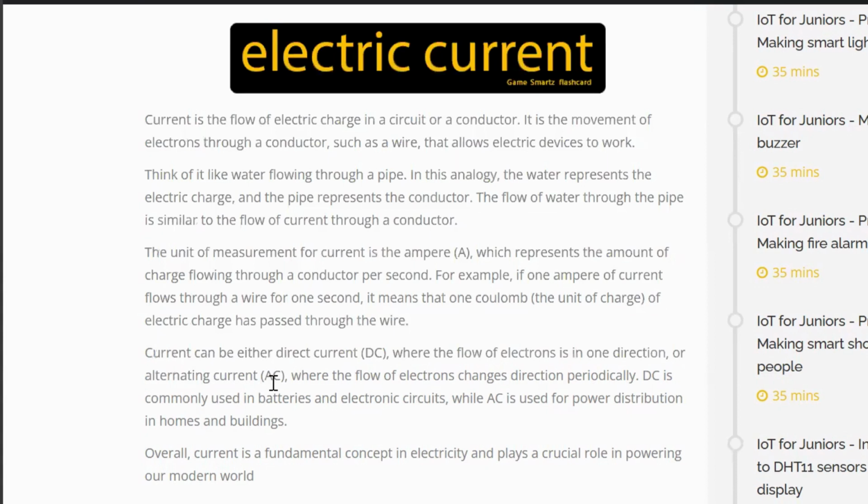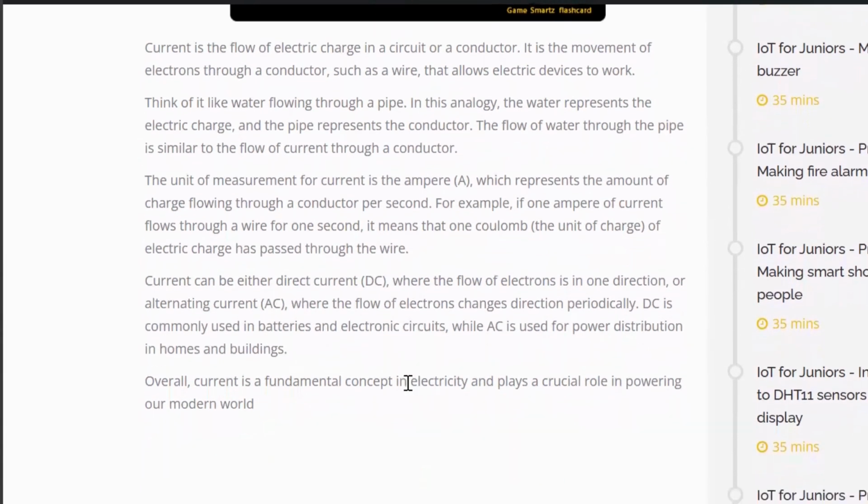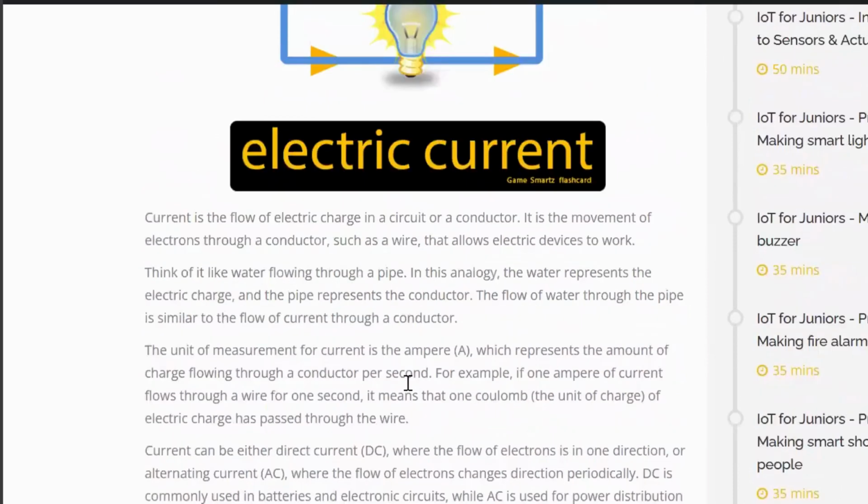Basically, in alternating current, the direction of electrons is changing periodically. So I hope you understood the current.